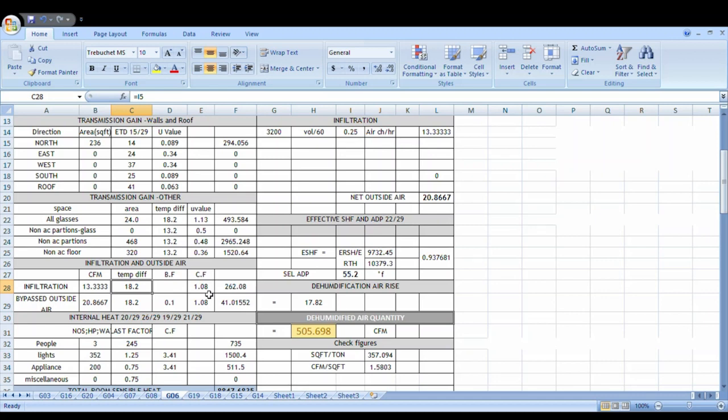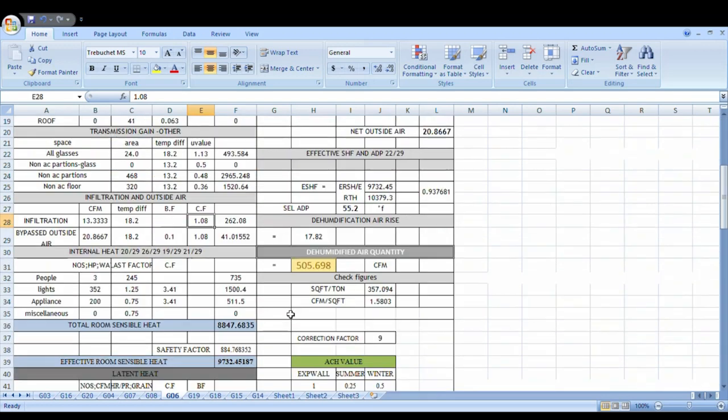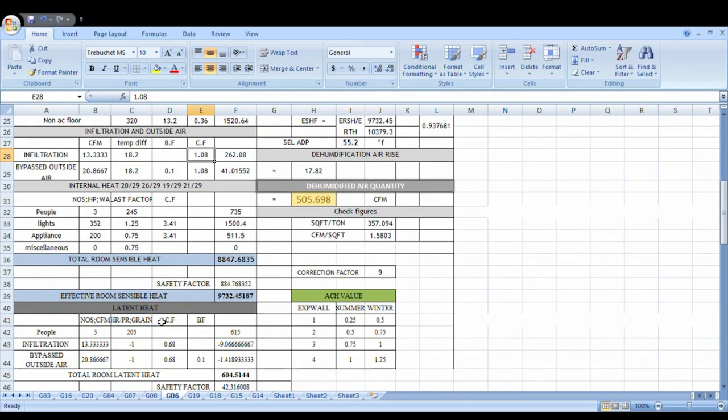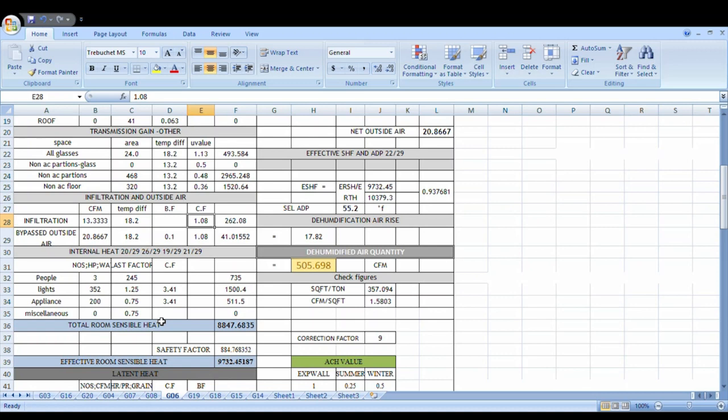It is constant, no need to change anything: 1.08. For outside air it is 20.8667, temperature difference is 18.2, and the bypass factor is 0.1. It is constant, and this conversion factor is also constant, 1.08. So you will get these values.